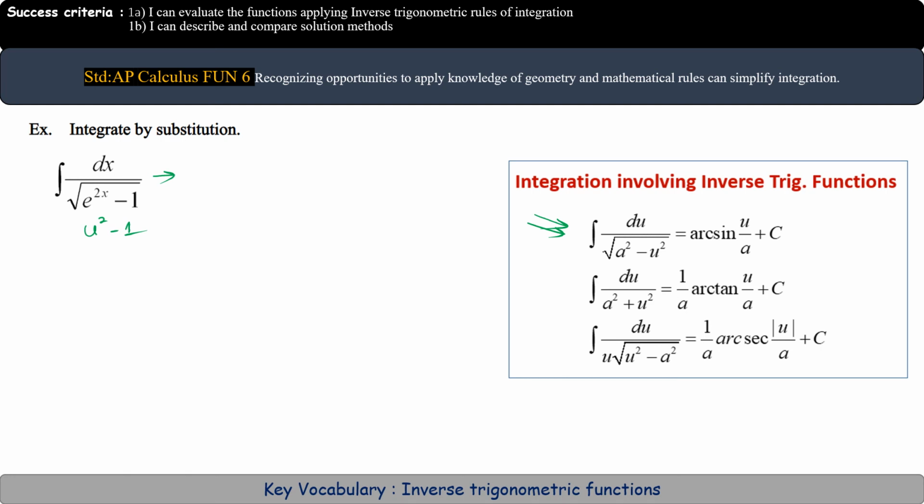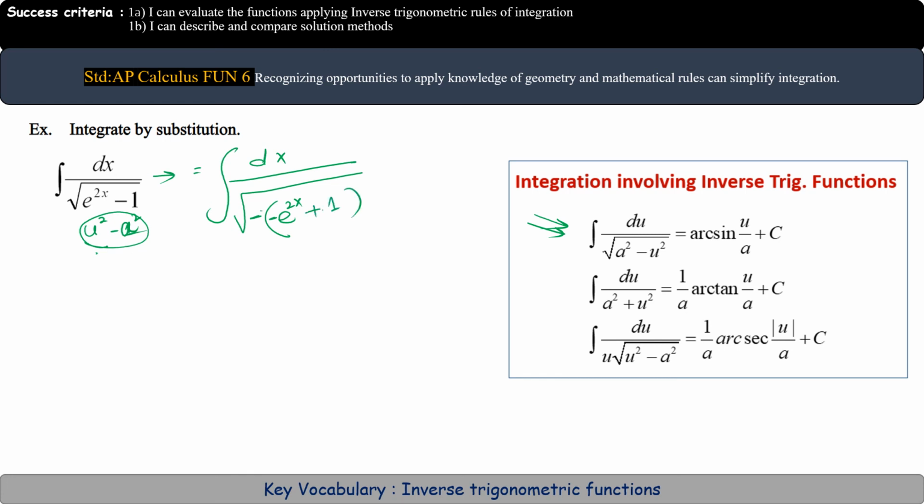So for that reason, we can take the minus common. Inside the bracket, it will be negative e to the power 2x, because when I open it, negative gives me positive e to the power 2x. And the sign of the negative changes into positive one. The reason is minus times minus.